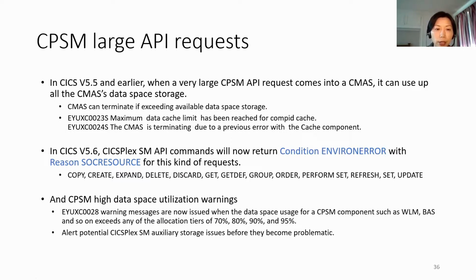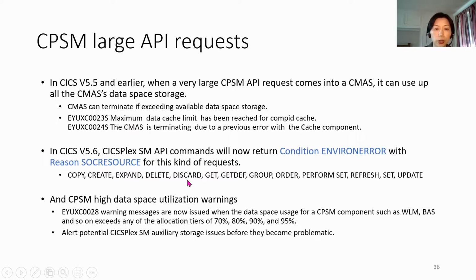For 5.5 and earlier, the CMAS can terminate if exceeding the available data space storage. Then you will get these two messages, EYUXC0023S and 24S, to tell you that the data cache limit has been reached, and the CMAS is terminating.